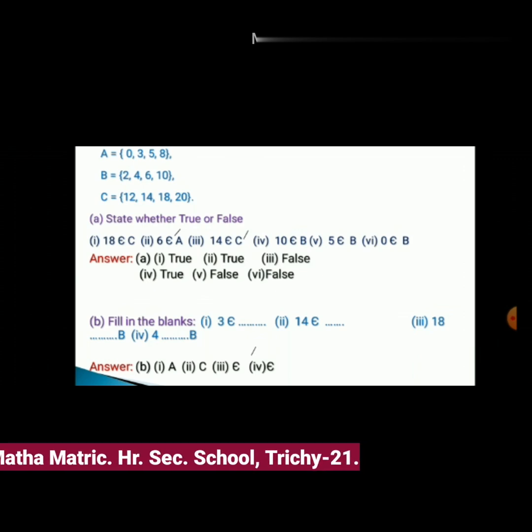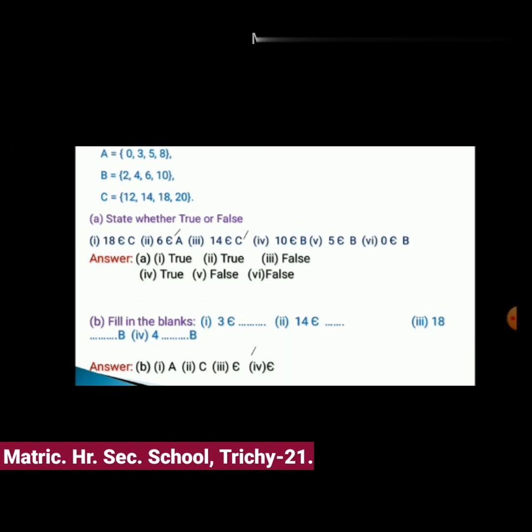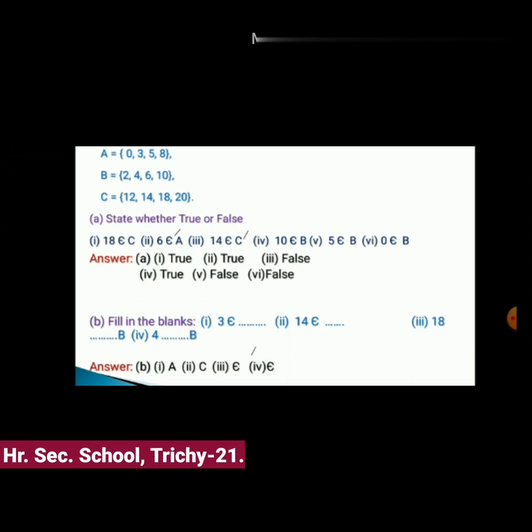Next, fill in the blanks. First one, 3 belongs to blank. The element 3 is contained in set A. So the answer is A. 14 belongs to blank. The element 14 is contained in set C. So you write C. In the third one, 18 dash B. The element 18 is not in set B. So it is does not belong to.